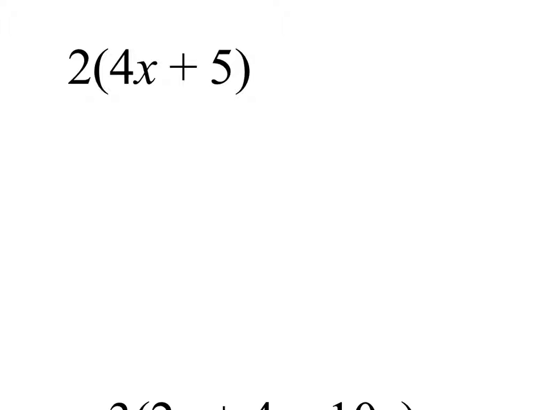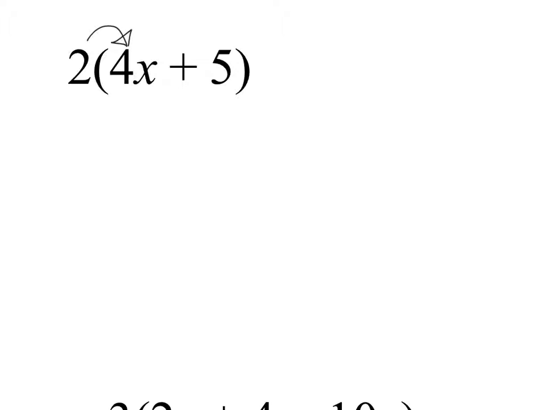Well, remember back in evaluating expressions, if two things were just next to each other like this, that just means you're multiplying them. But with this, how do we multiply? Because there's two things in there. Well, what you do is you multiply or distribute the 2 in to each term and multiply.